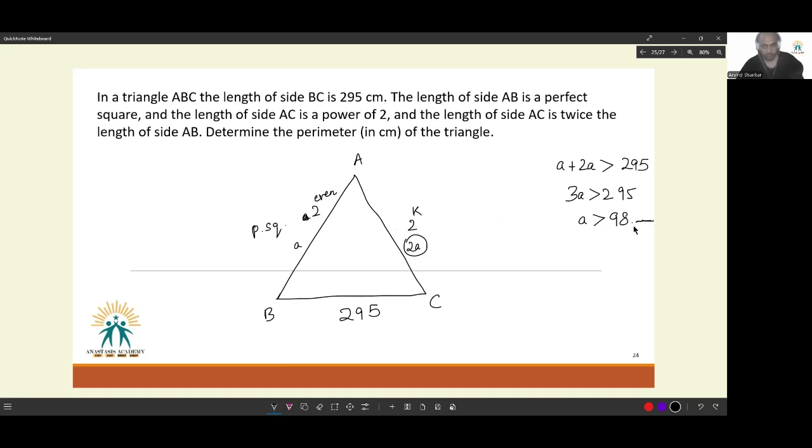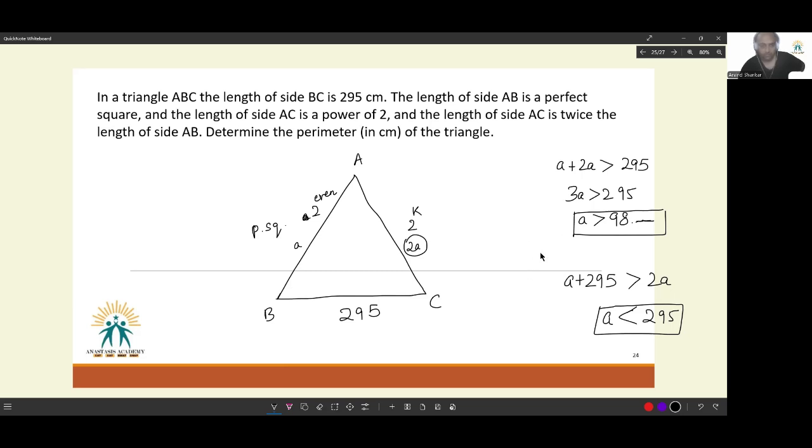Additionally, A plus 295 has to be greater than 2A, or A has to be less than 295. So I have A greater than 98 and A less than 295.